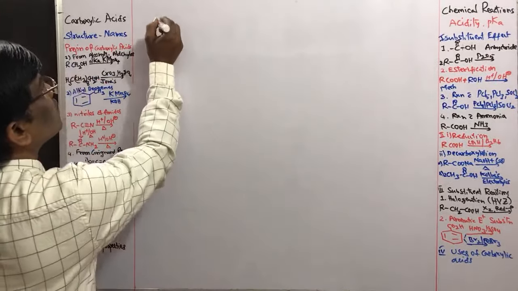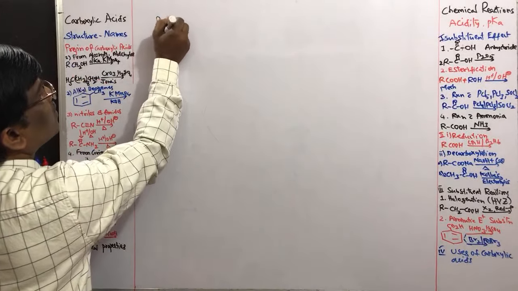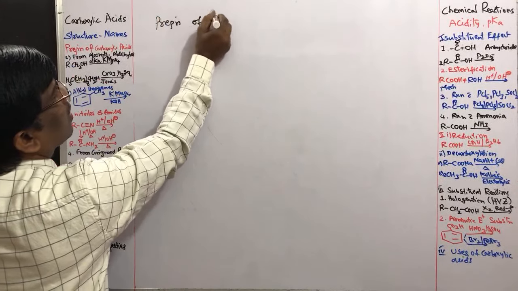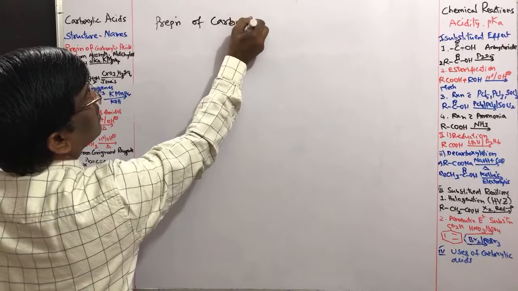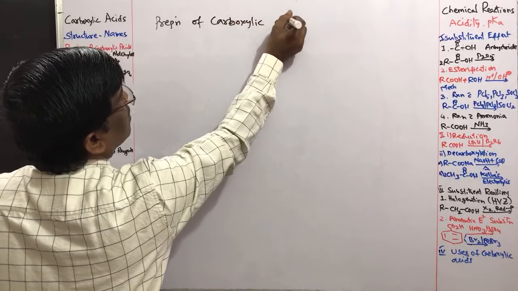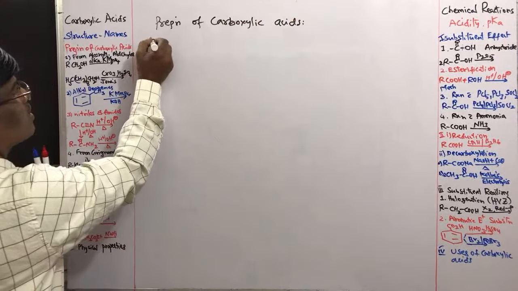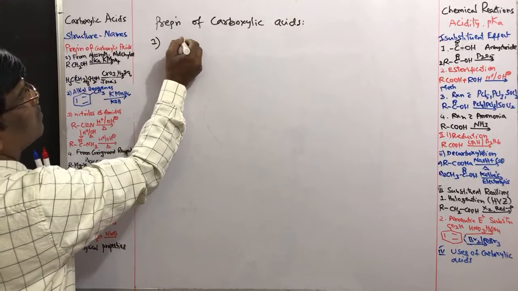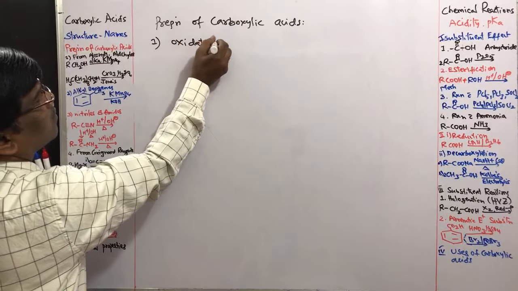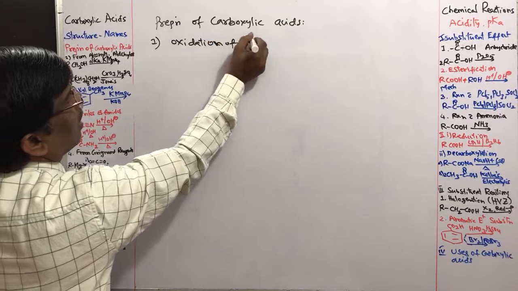Preparation of carboxylic acids. The first and foremost method is oxidation of alcohols.